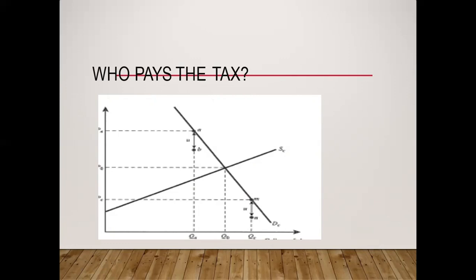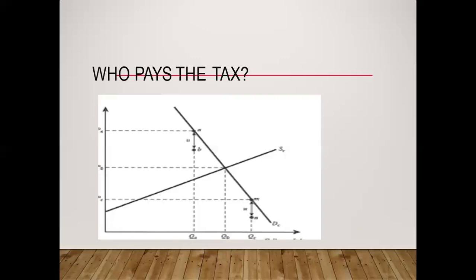Right after the tax of U is imposed, the most that the people would be willing to spend for Q naught is still PA. This is the point called PA, right? When people pay PA per gallon, producers no longer receive the whole amount.